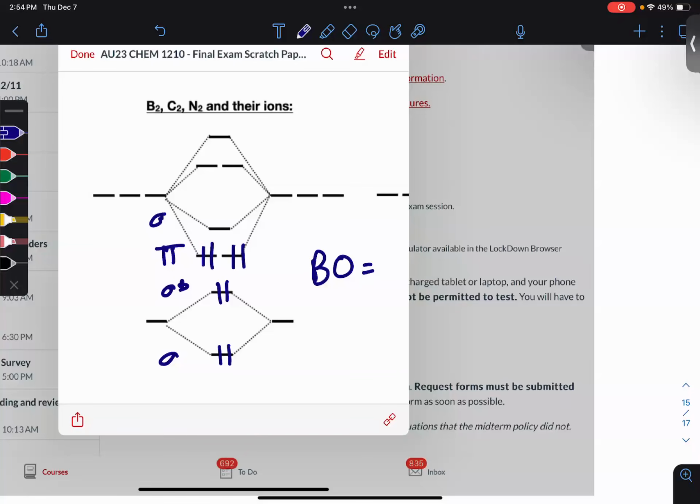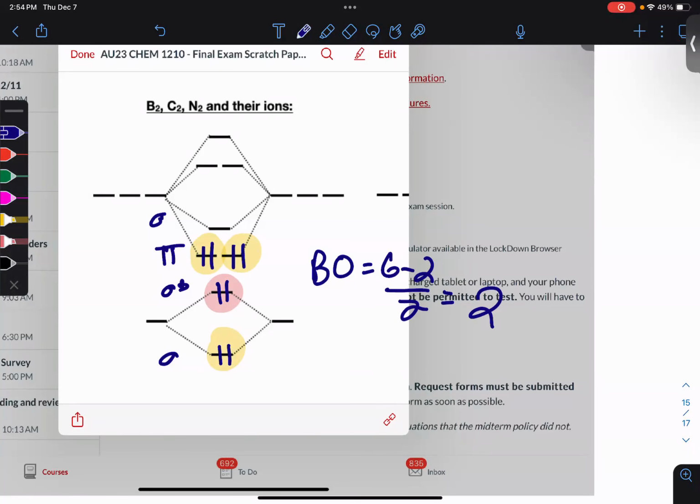So I can go ahead and count all of the bonding electrons. 1, 2, 3, 4, 5, 6. There's 6. And then there's a total of 2 antibonding electrons. So 6 minus 2 over 2, this is equal to 4 over 2, so it's 2. So this has a bond order of 2.